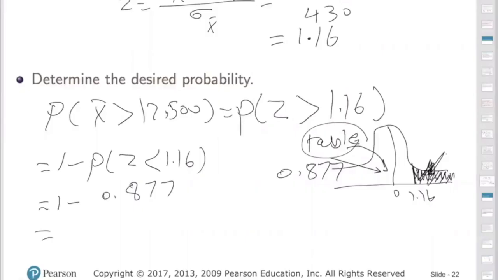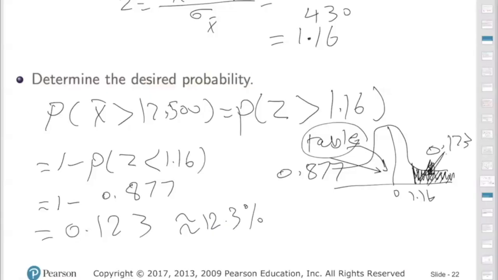So you will have the area to the right, and of course the probability that x bar greater than 1250 is 0.123. This is the area, 0.123, or you can say 12.3%.